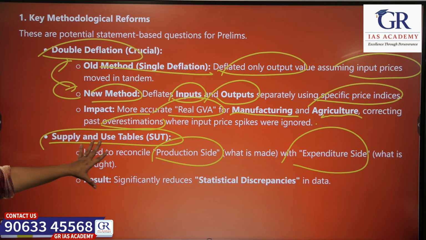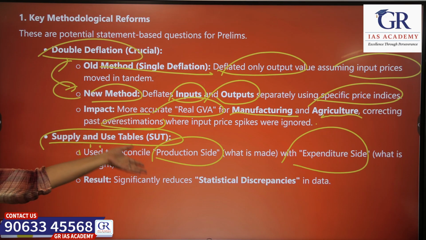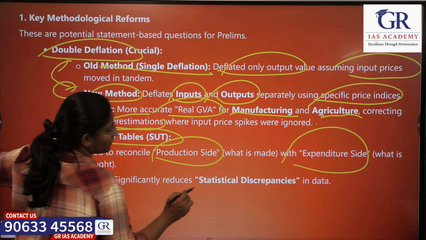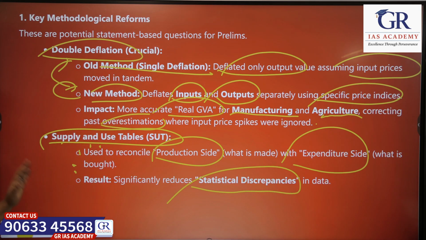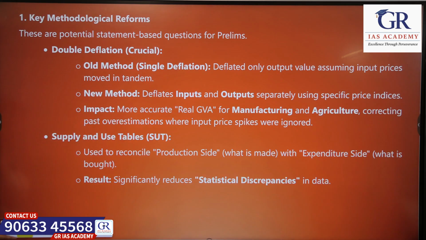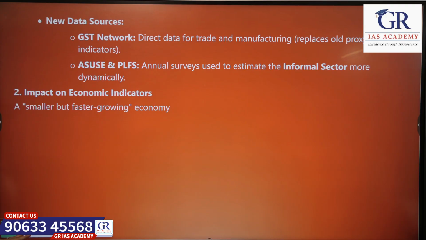What is the production side? Whatever you are creating. What is the expenditure side? Whatever you are buying to produce. So, it will reduce the discrepancies in the data when you are considering both.